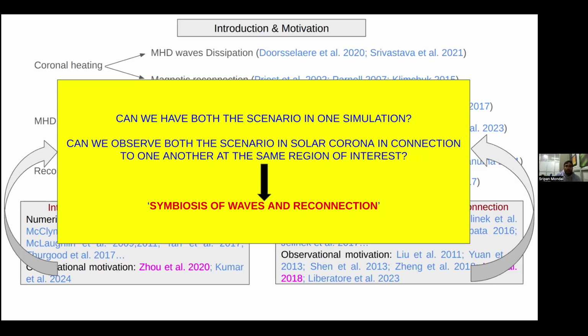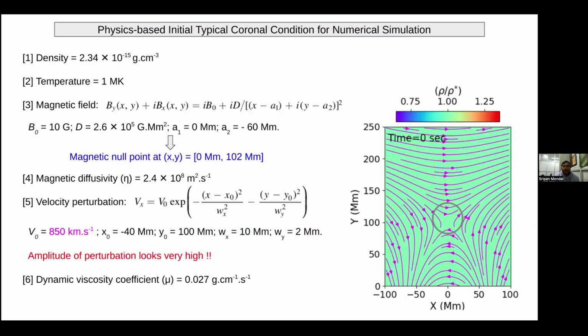Now, let us have a quick look at the numerical setup. Since our area of concern is the solar corona, we took density and temperature in such a way that they mimic typical coronal conditions.